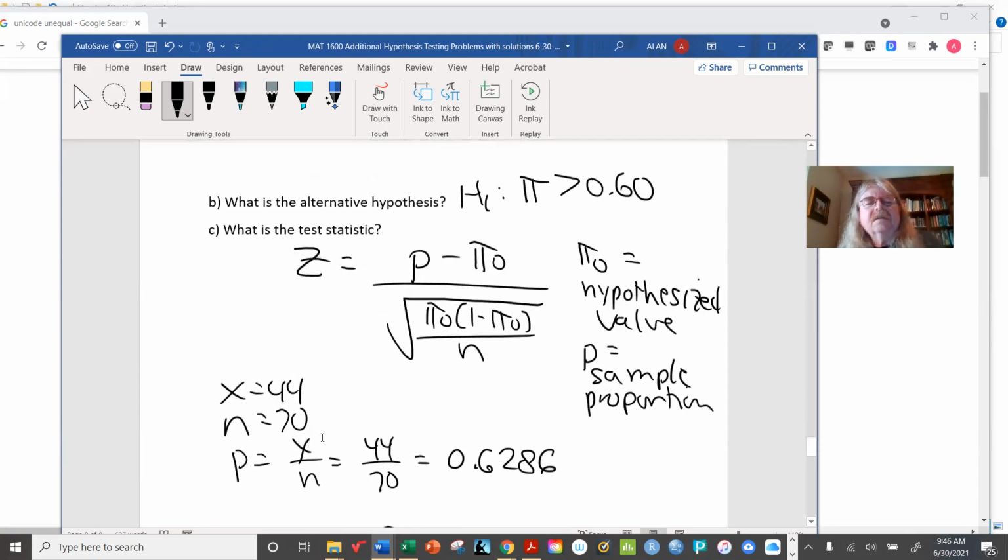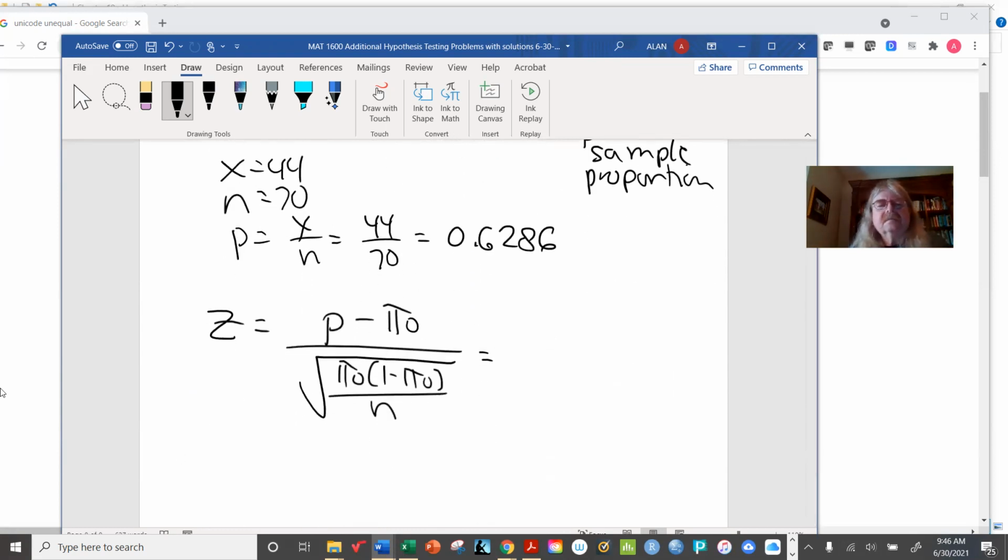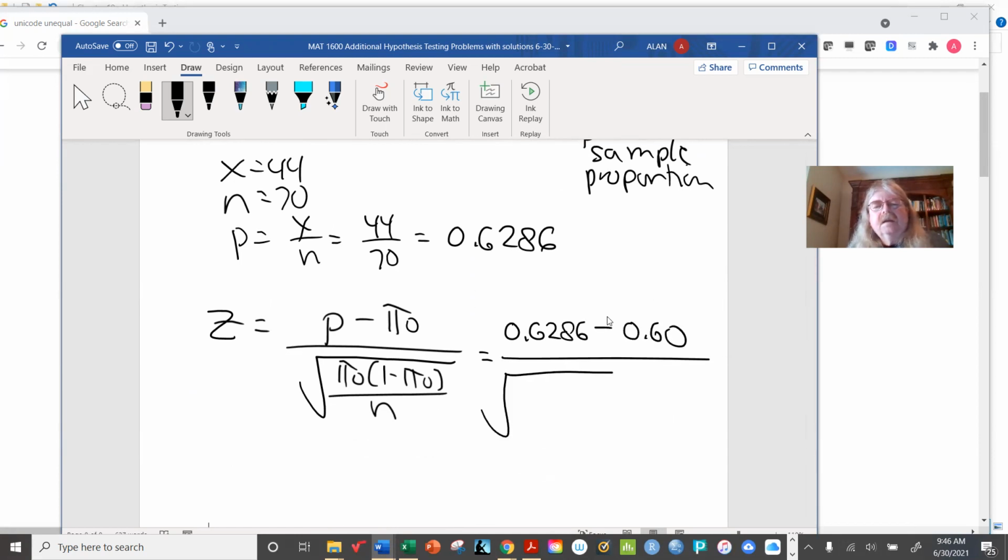All right, so let's do this. We plug in the numbers. 1 minus 0.60 is obviously 0.40, I'll just fill that in directly. And then the sample size is 70.